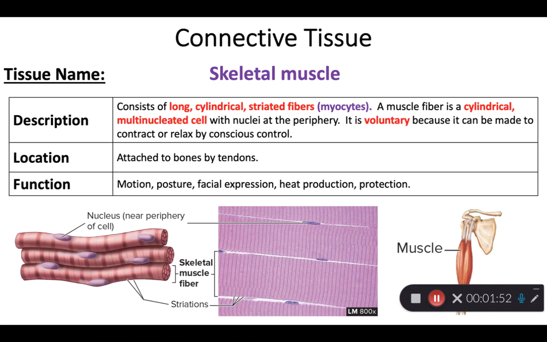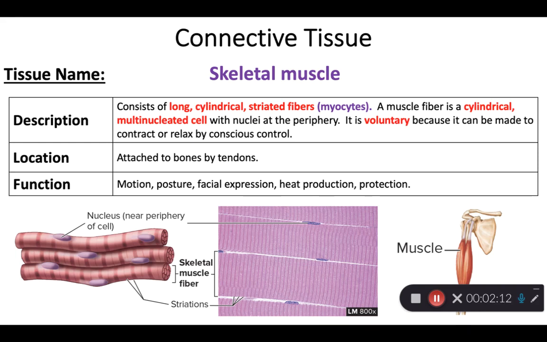So skeletal muscle has striations. You can see it pretty obviously in this picture here and in this drawing here. But so does cardiac muscle. Whereas smooth muscle we refer to as non-striated. You don't see any of these stripes inside the cells.